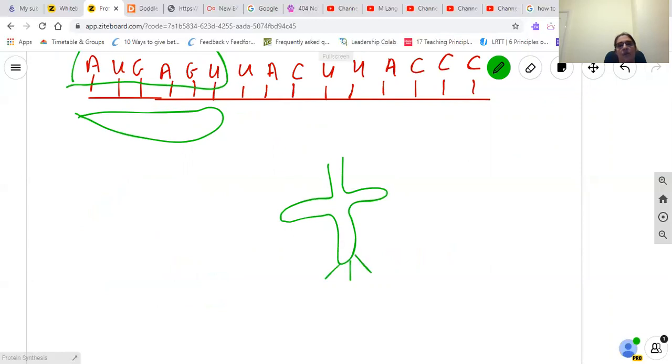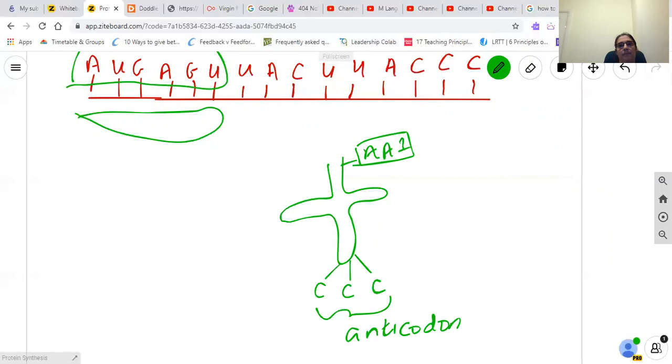And at the bottom of this clover shape are three bases, which we call an anticodon. And depending on what those three bases are, it will carry a specific amino acid. We'll say amino acid number 1. So there are 64 different transfer RNAs, all carrying their specific amino acid.